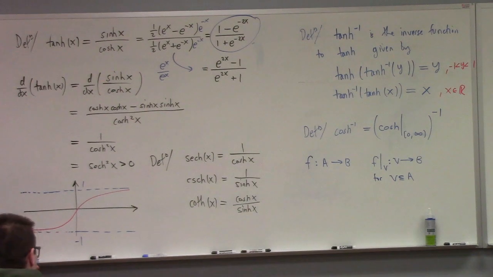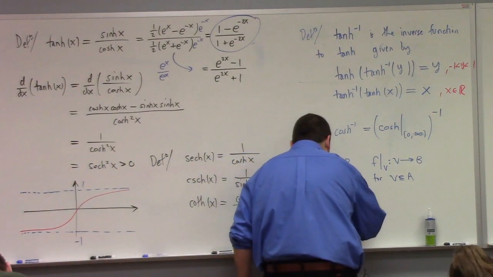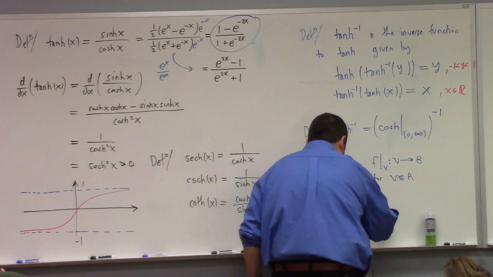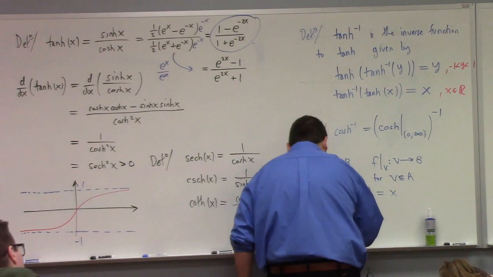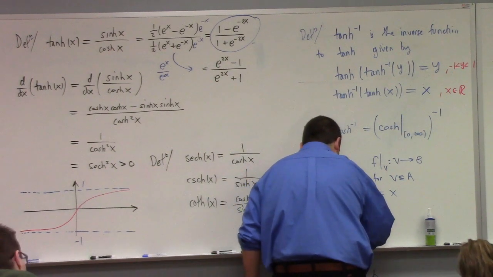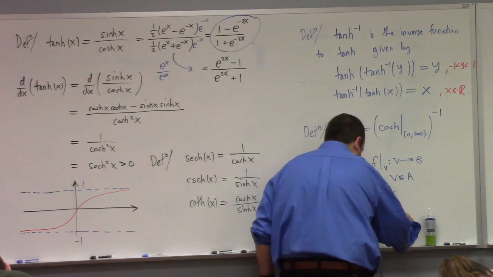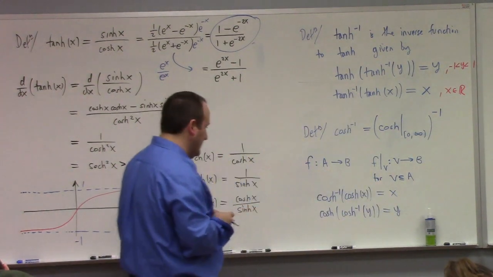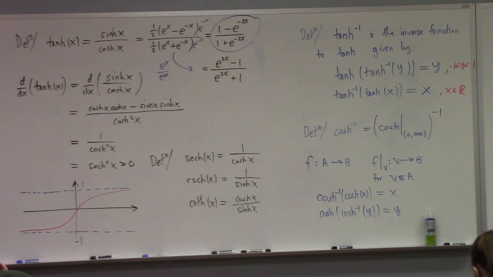And anyway, let me just get to the point. Cosh inverse of cosh of x is equal to x, and cosh of cosh inverse of y is equal to y. But here's the rub. It's not for all x.